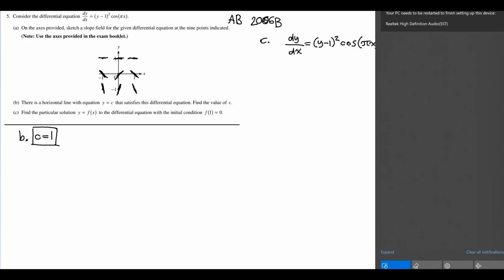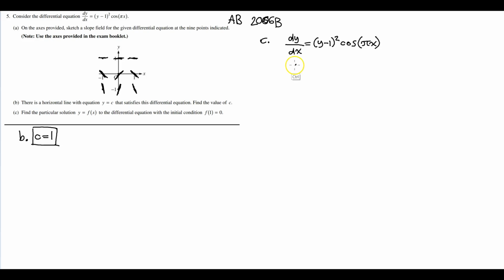We divide by (y minus 1) squared and multiply each side by dx, and we integrate. We take the integral of each side.